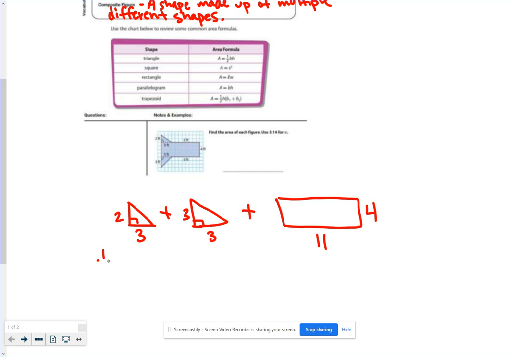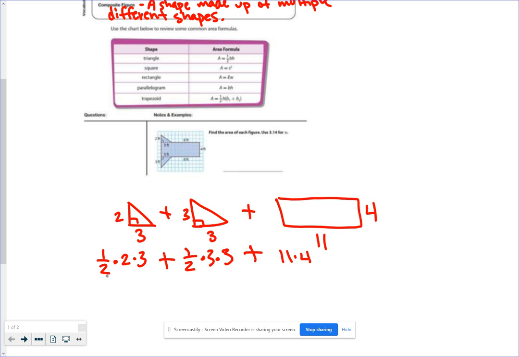Now we can go find the area of each one. How do you find the area of a triangle? We do 1/2 times the base times the height, or length times width. It doesn't matter which one you do. Plus this triangle, 1/2 times 3 times 3, plus this rectangle. How do you find the area of a rectangle? It's length times width, 11 times 4.